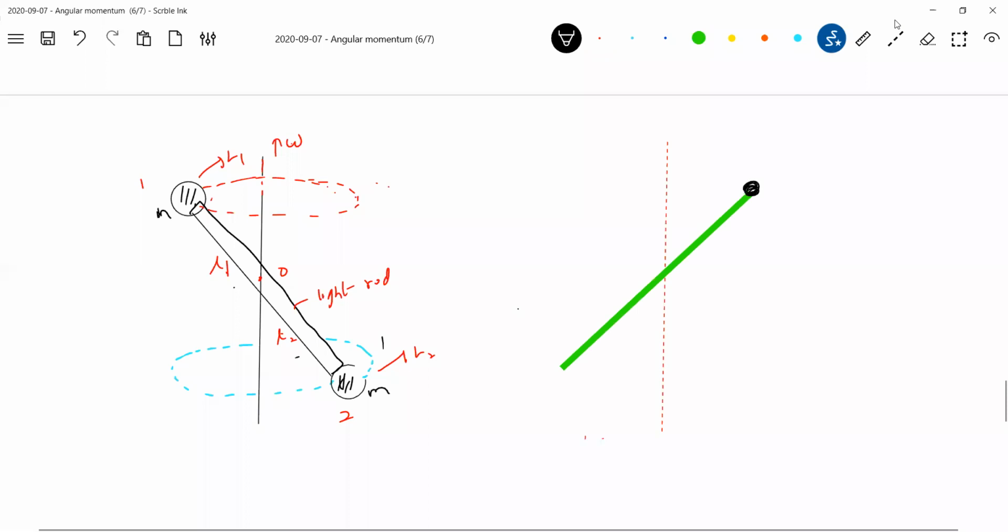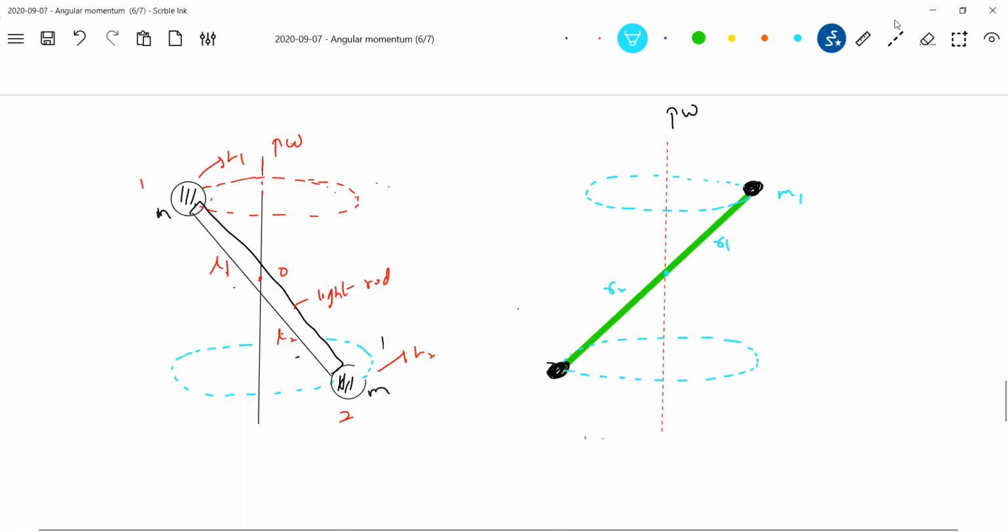Now look at this: omega, and they're moving in a circular path. Let this length be R1, R2. Different lengths you can pick also; they need not be the same length. There I took L1, L2, let me take R1, R2 here.